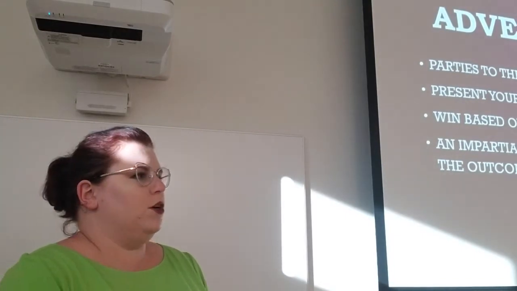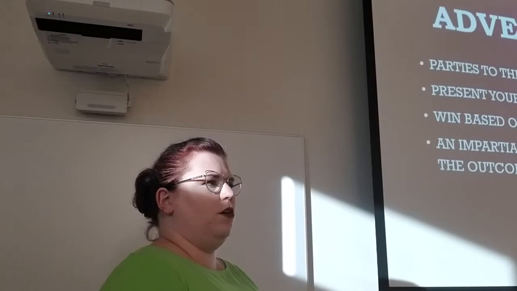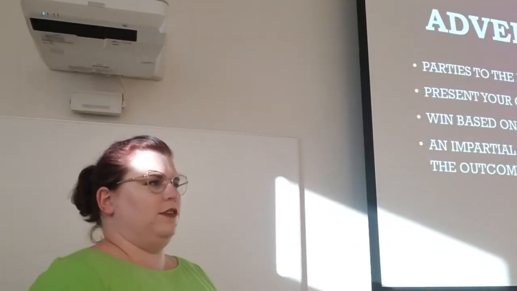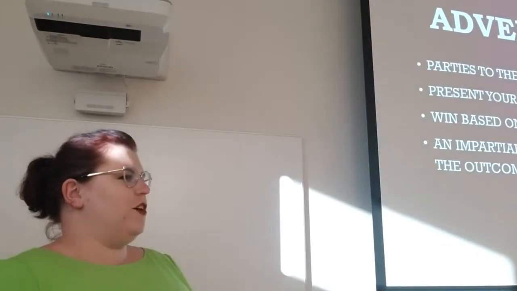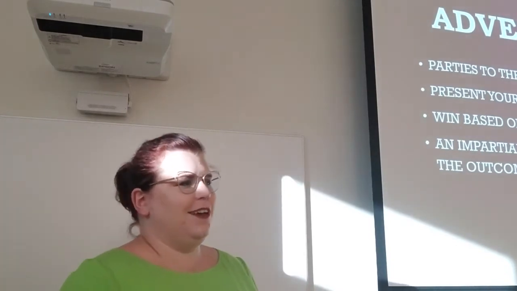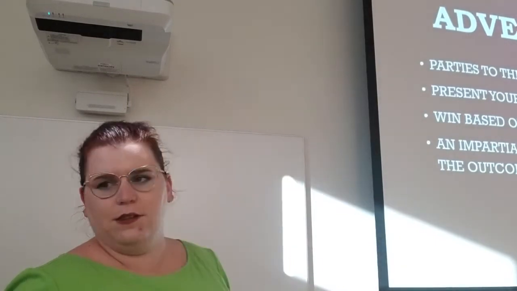Do you guys remember who's the person who's bringing the lawsuit, what they're called? Plaintiff, yeah. And who's the person who's getting sued? Defendant. I always remember it as the plaintiff complains and the defendant is defending. And those are the parties.